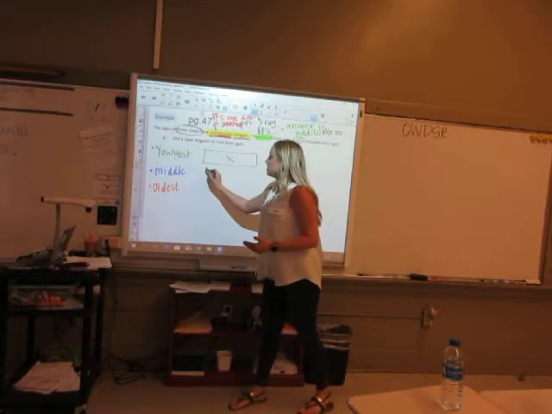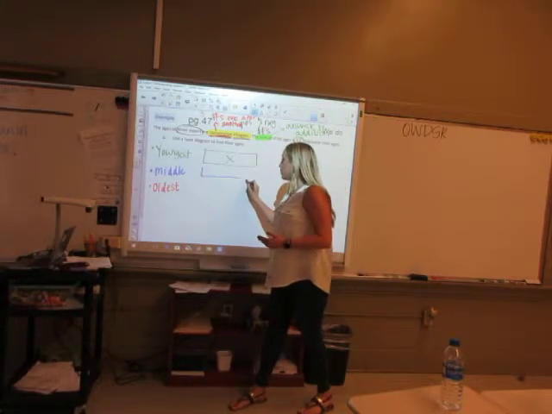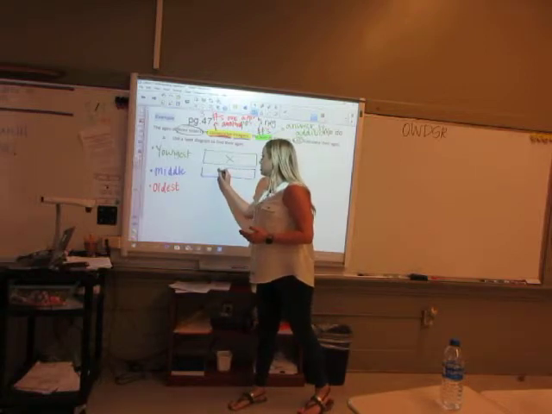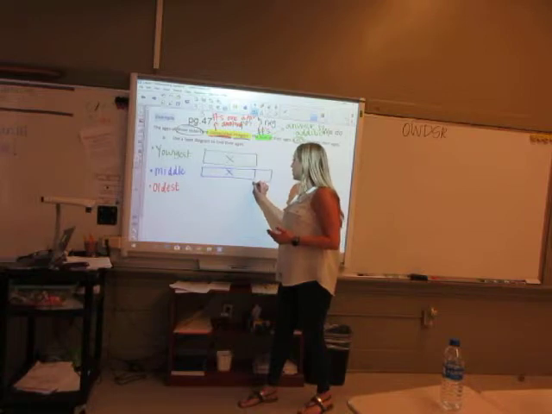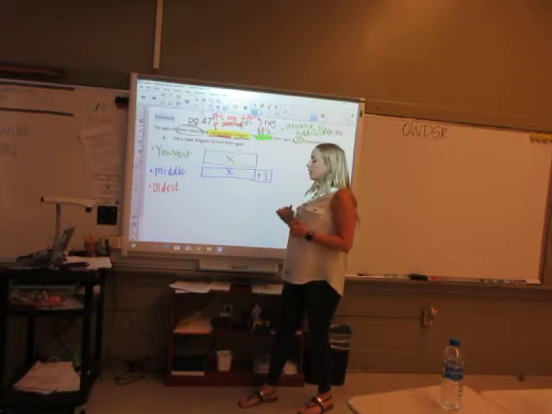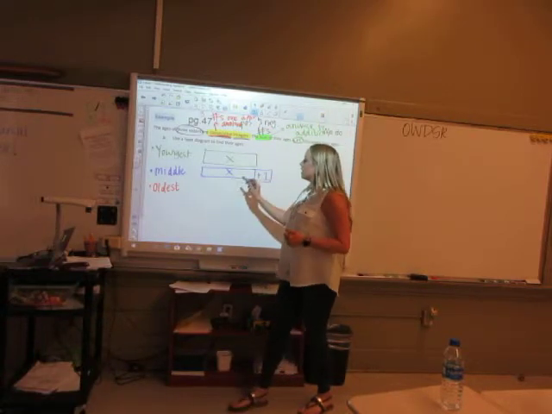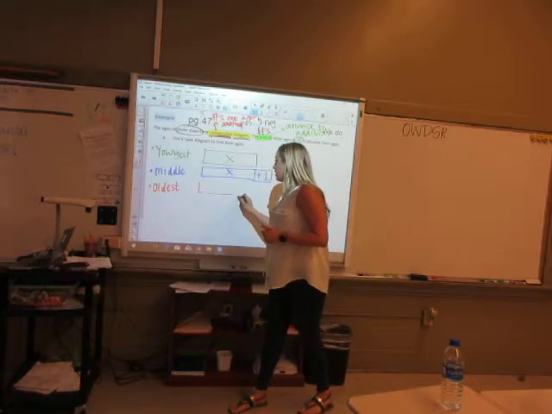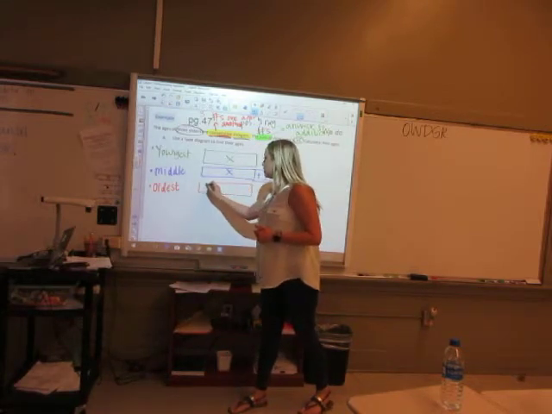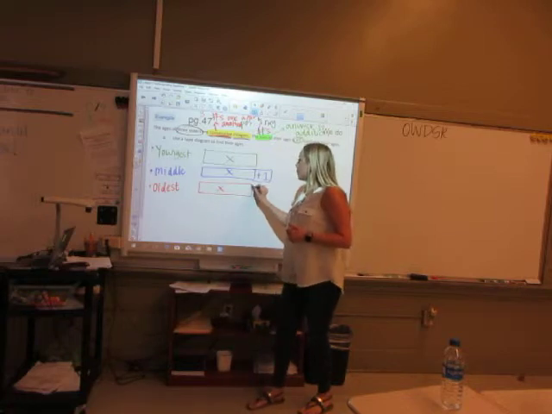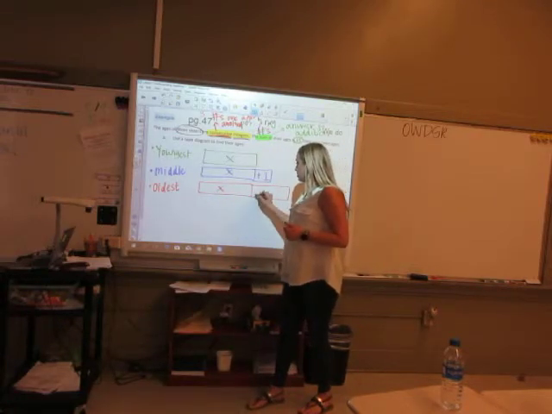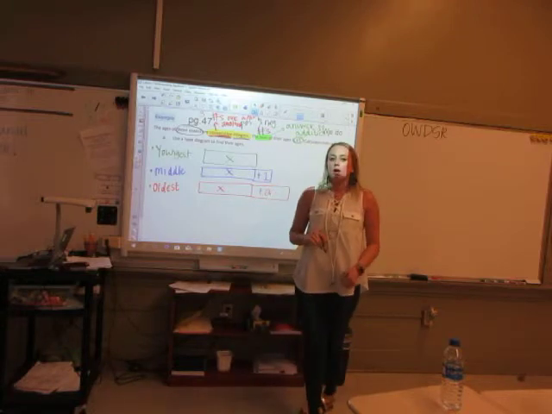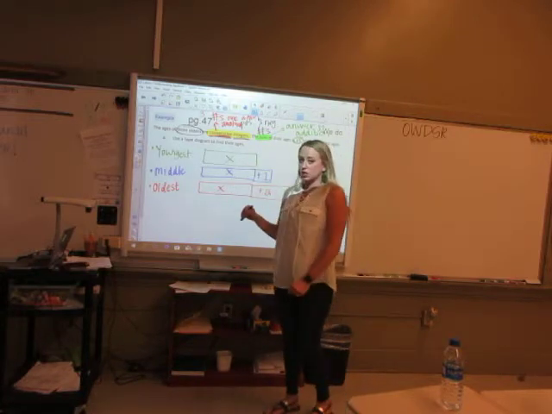Remember, you line them up because they represent the same thing. She's the same age, but 1 year older. And then the oldest sister still has the same amount of years as her youngest sister, except she's 2 years older.